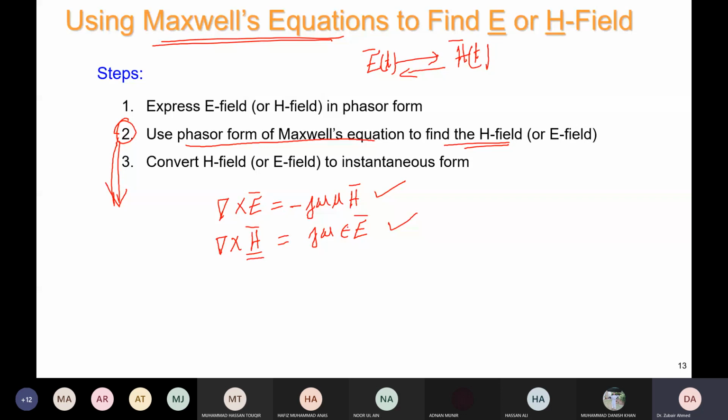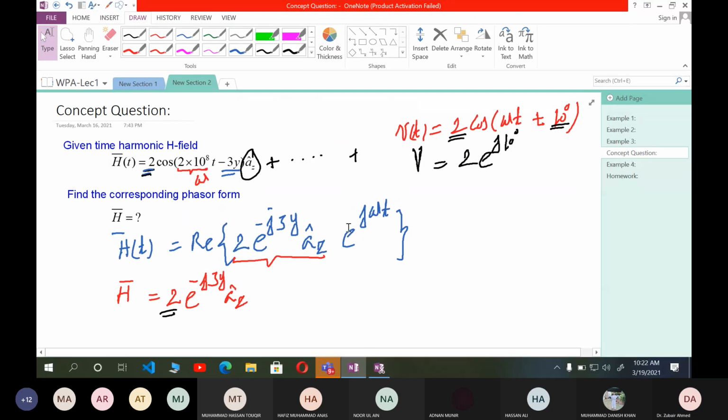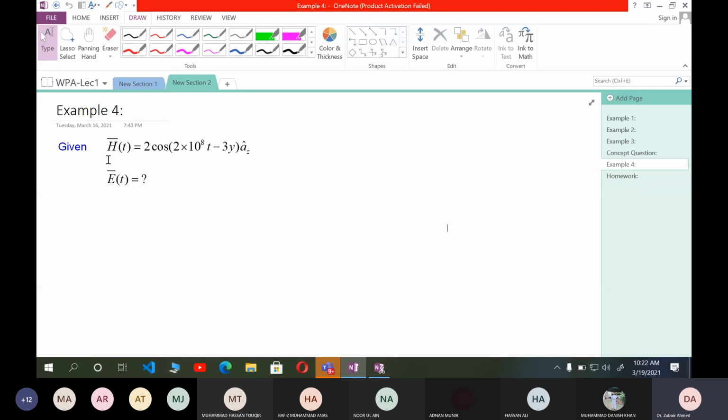So let's apply it on an example. We are given the magnetic field, let's say the time domain magnetic field, and we want to find the corresponding time domain electric field. So let's apply these steps. First step was to convert this time domain signal into phasor form.